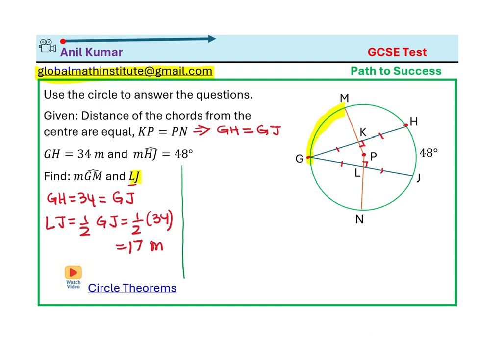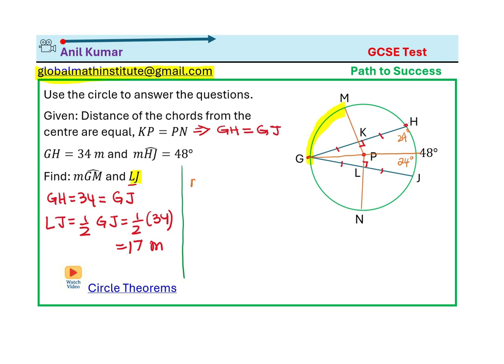Now the key lies right here. We are given HJ as 48 degrees, right? So let me just draw the diagonal, which will be kind of like this. If that is 48, this will be 24 degrees, right? Makes sense, right? Now, half was 180, from which we should take away 24, right?